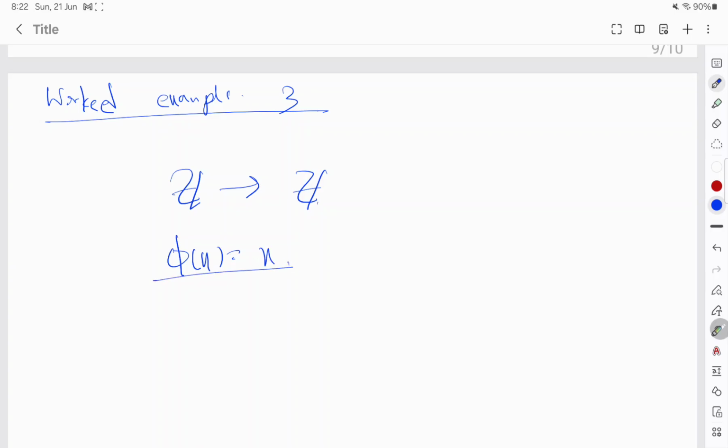You don't have any other map. You just have a look. So this is the full part of your homomorphism chapter. Okay, bye.